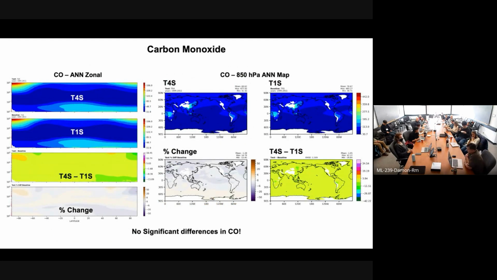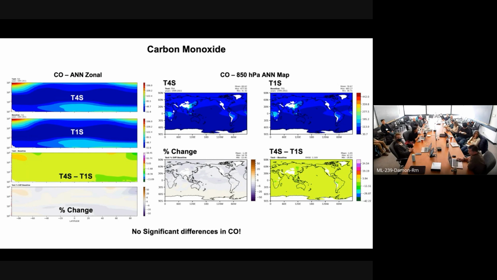So that's ozone. Now we'll look briefly at carbon monoxide. The left-hand series of 4 panels is similar to the panels that we saw with ozone.